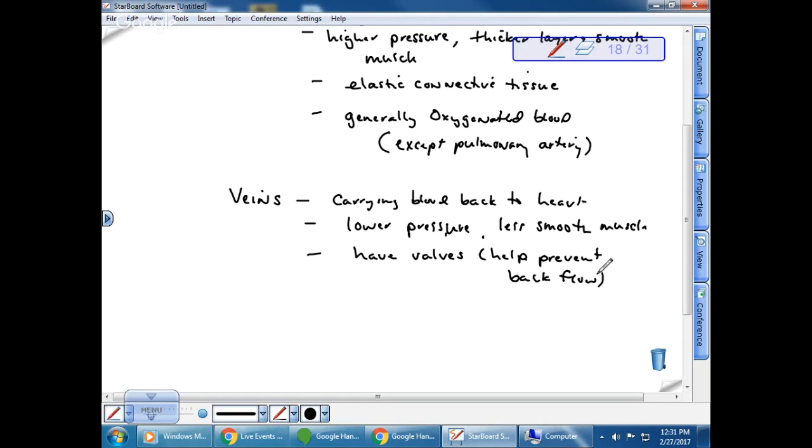Their valves have been damaged, and the blood will pool and cause them to get big. Some people, and it tends to be a genetic thing, have really ropey looking legs, and that's because the valves in their veins don't work very well and the blood causes those veins to expand.